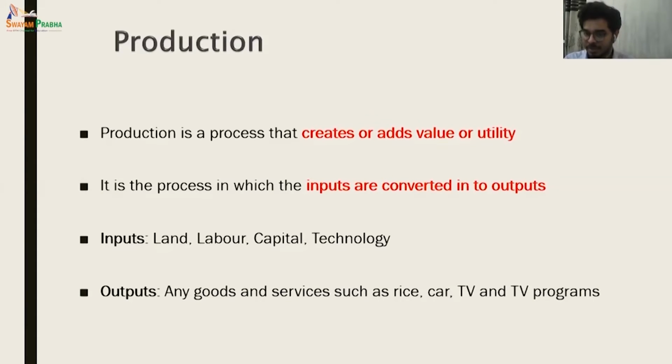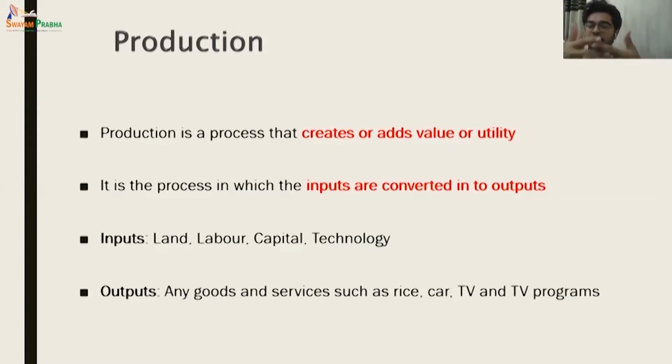Any goods and services, such as it can be the rice, it can be a car, it can be a television, it can be a program in the television, like say Swayam Prabha is producing this output, these lectures, right? I am delivering the lecture. There is a whole team working behind it.